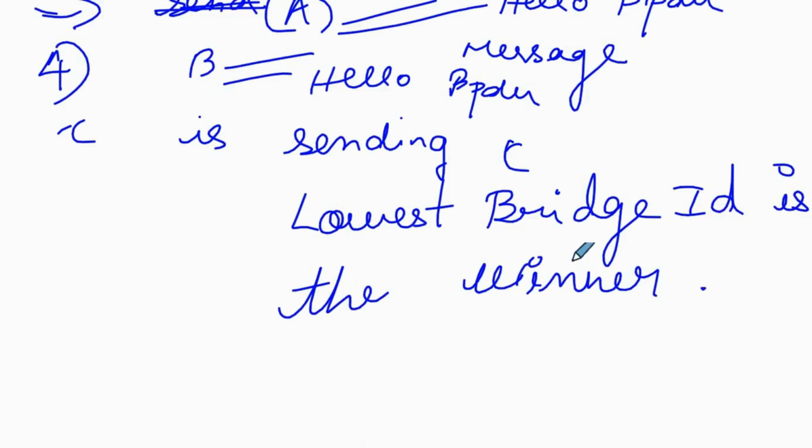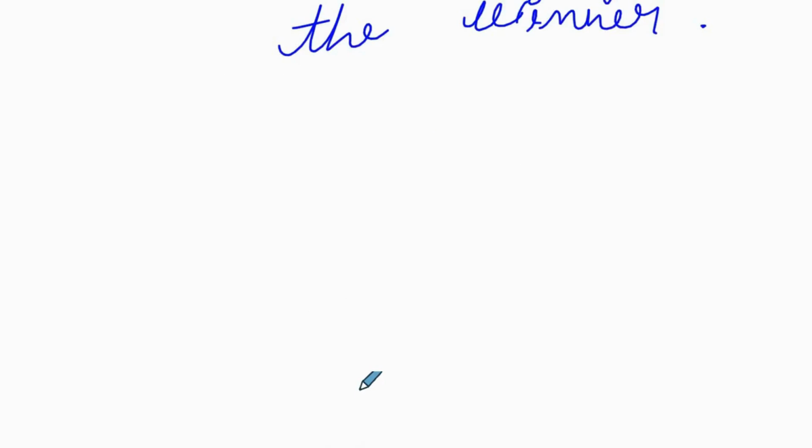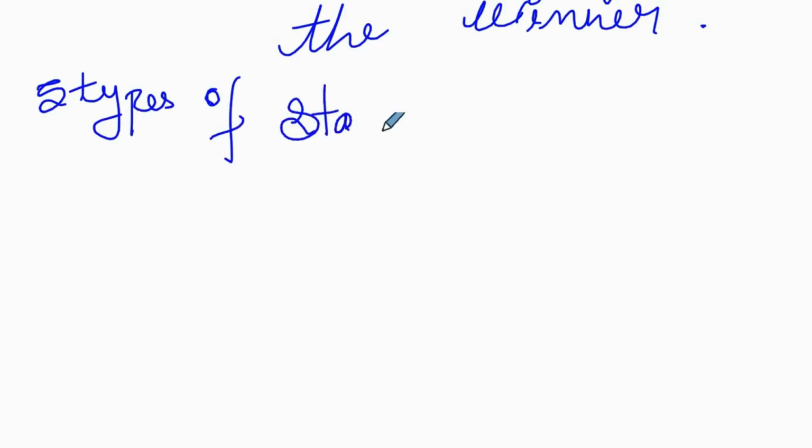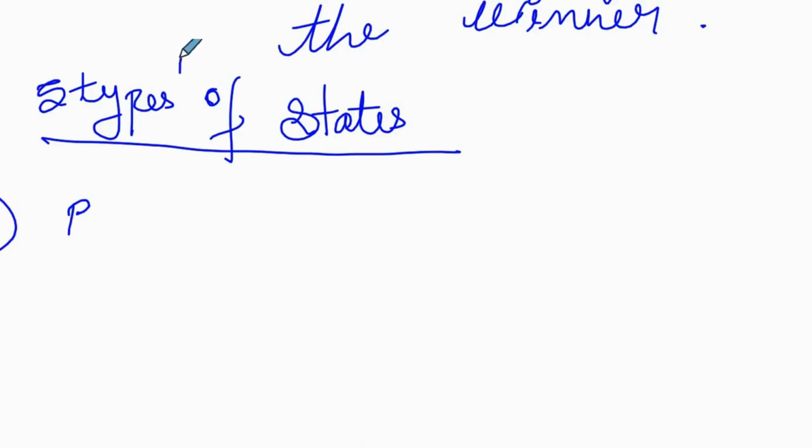So what are the port roles and states? There are five port roles and states. First is the root port: a port on a switch that reaches the root bridge by the shortest path.